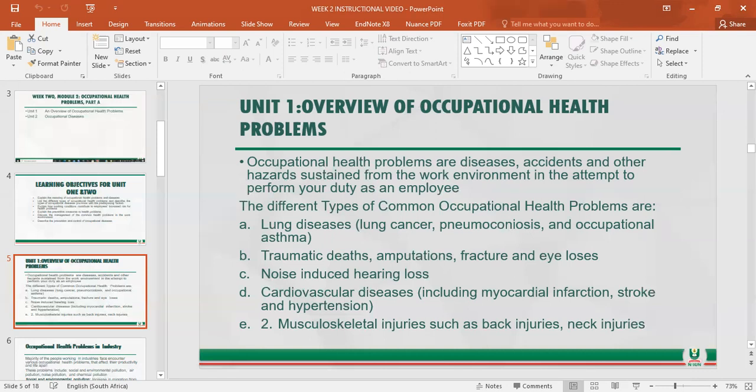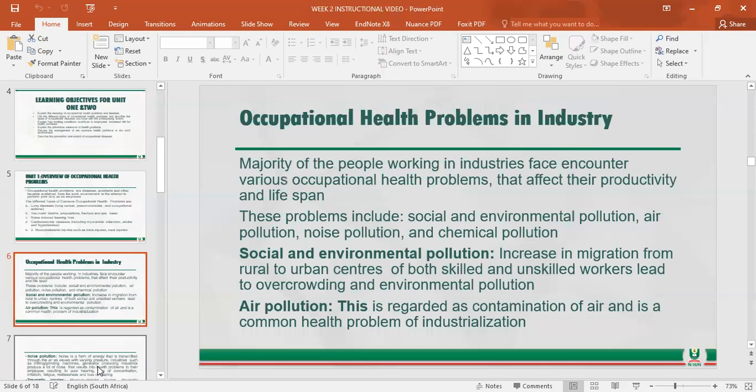So the next point we want to look at is different industries and the problems that are associated with them. The majority of the people working in industries face or encounter various occupational health problems.